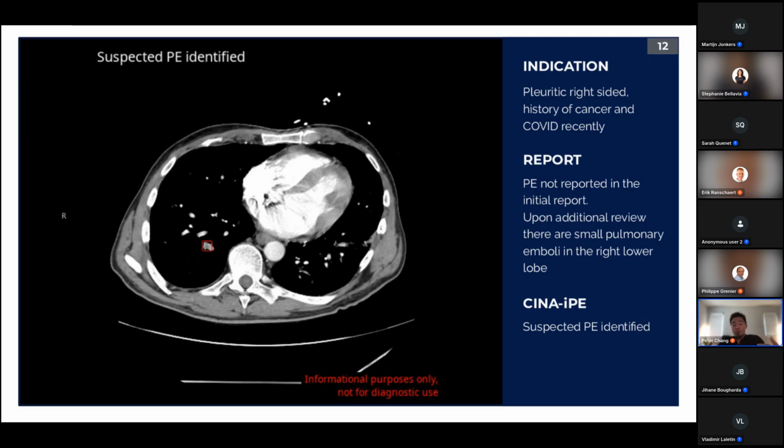So someone for whom PE is not necessarily expected and not something that the clinician is actively looking for, and as a result, something that is oftentimes missed by an interpreting radiologist. But in this patient with cancer and thus a high risk of thrombotic events, there was in fact a PE that was only caught retrospectively after the application and augmentation of machine learning.